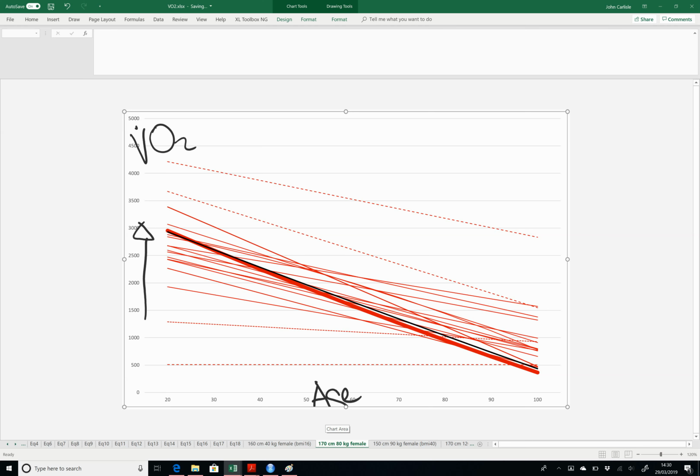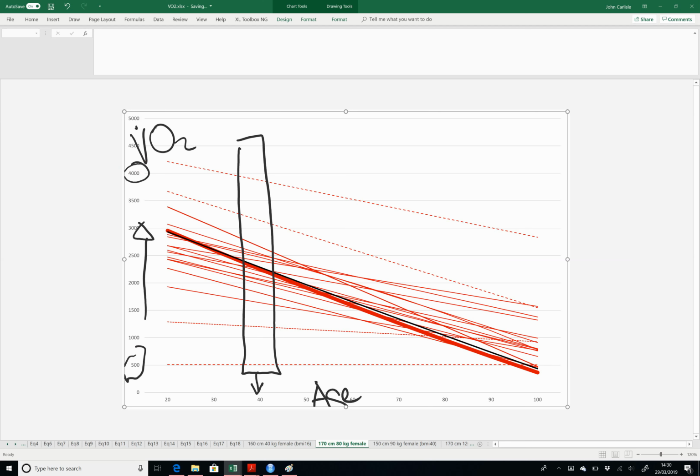So let's just look at a narrow window at the age of 40. And you will see that you could pick a range of values between 4 litres and right down to half a litre.